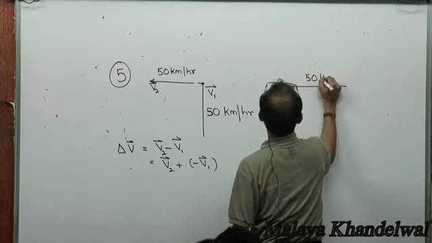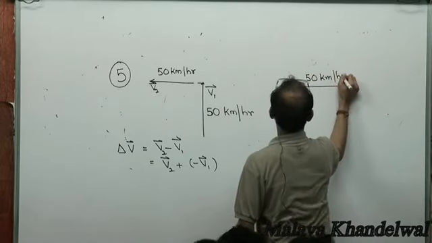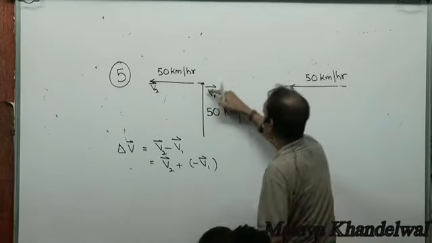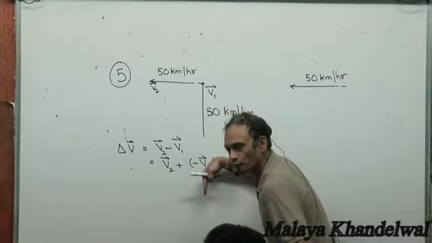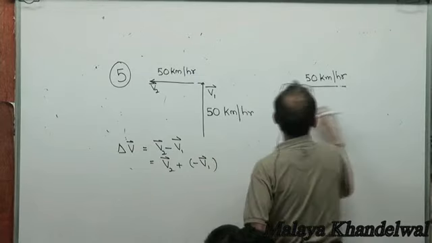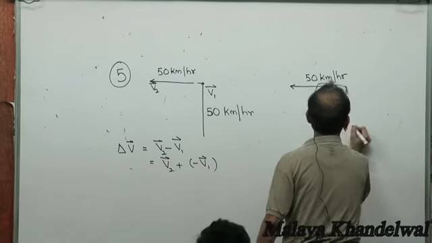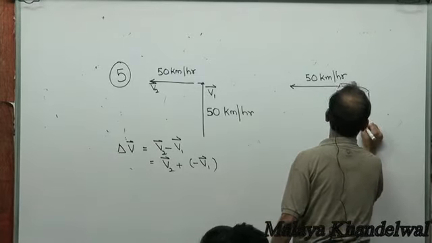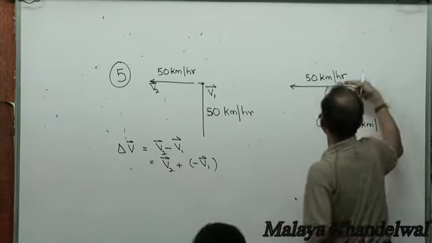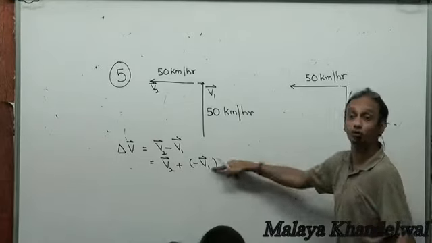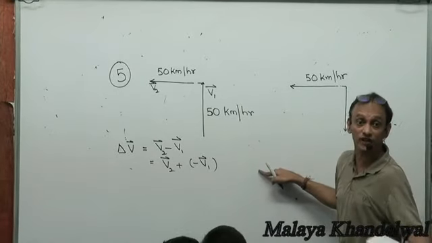This is v2, 50 kilometers per hour leftwards, right? And minus v1. If v1 is 50 kilometers per hour upwards, minus v1 would be 50 kilometers per hour downwards. The resultant of v2 and minus v1 would be v2 minus v1, which would be change in velocity.